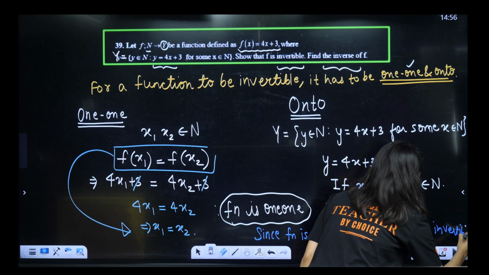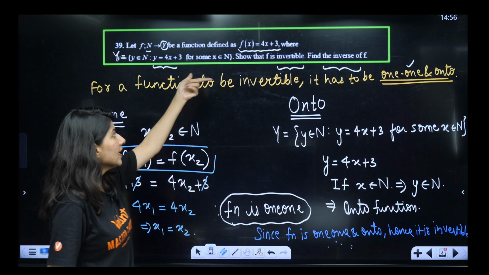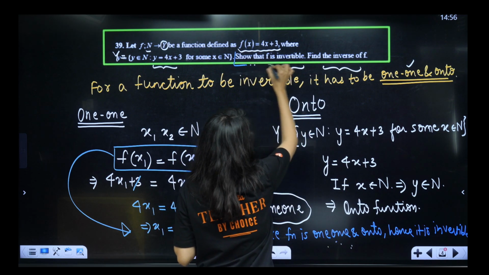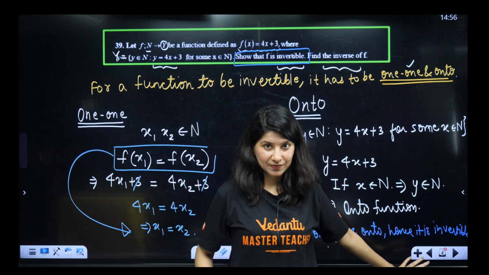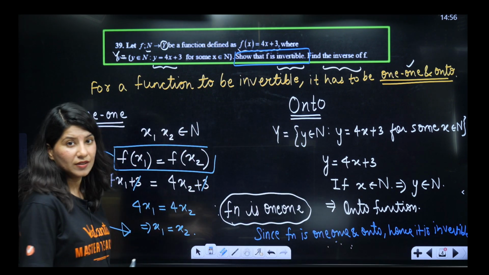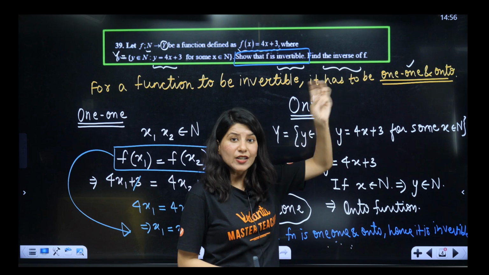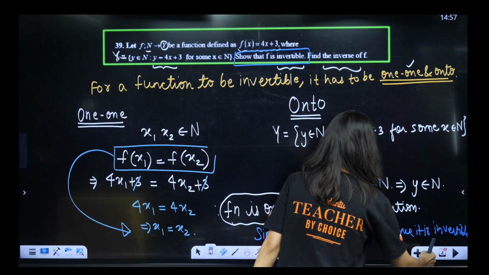If you write this, you will surely get 2 marks, because if you have shown that the function is invertible, you will get 2 marks. 1 mark for 1-1, 1 mark for onto. Okay. Now, find the inverse of f. If you solve this part, you will get 3 marks. Okay. Chalo. Let's do it.